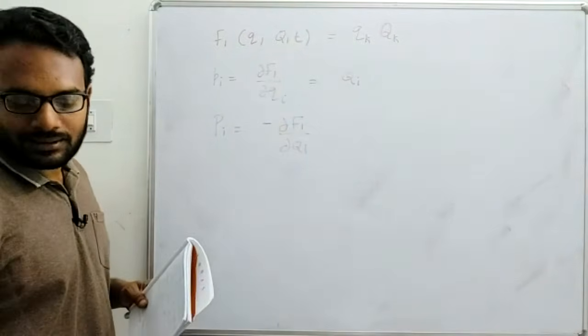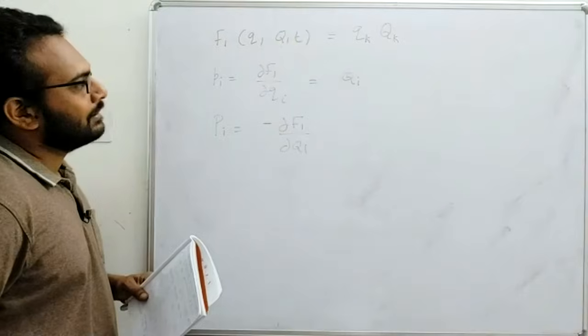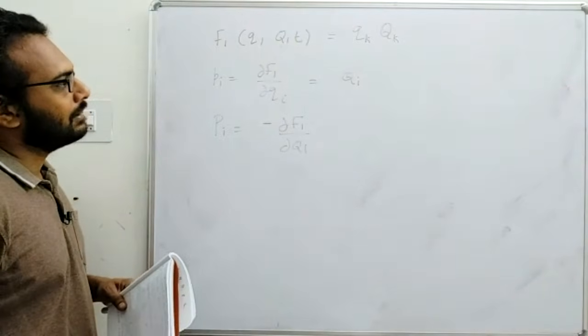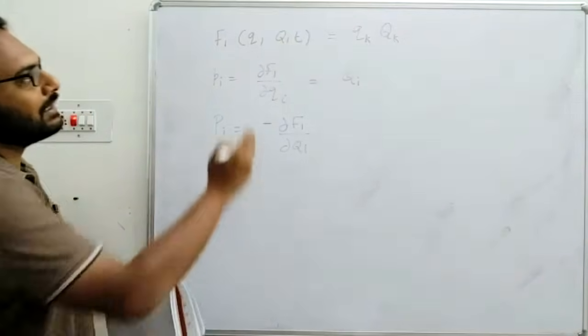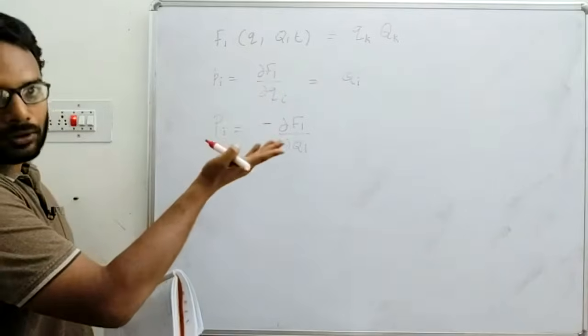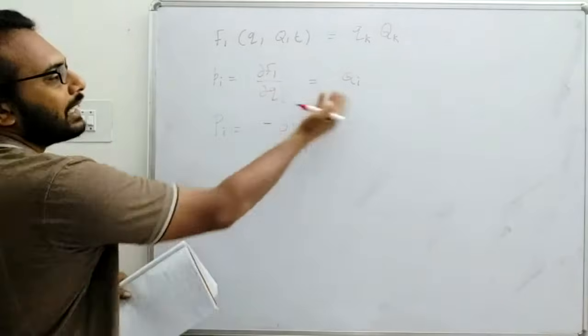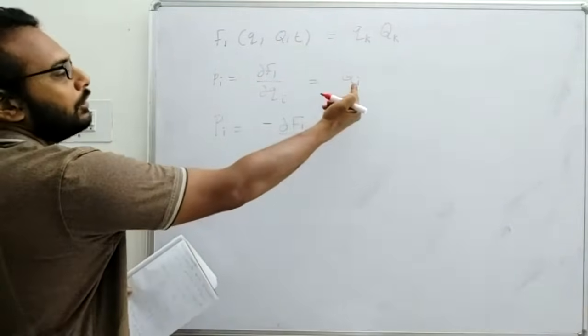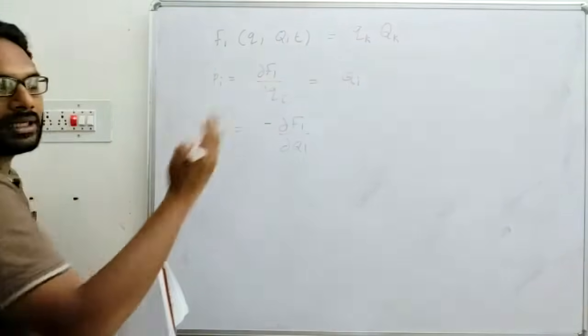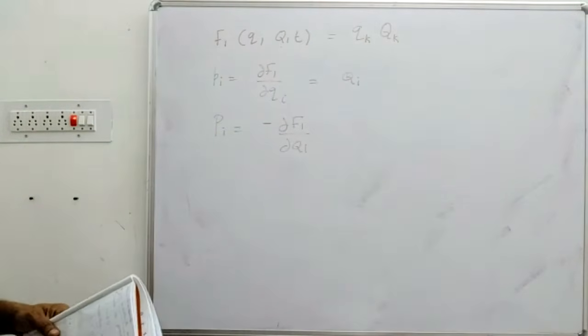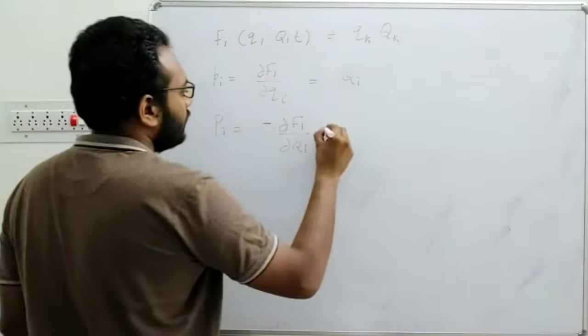So this gives you a relation between old and new coordinates. You can invert it to get the transformation equations. Here you get directly the transformation equations: the new coordinates are equal to the old momenta.